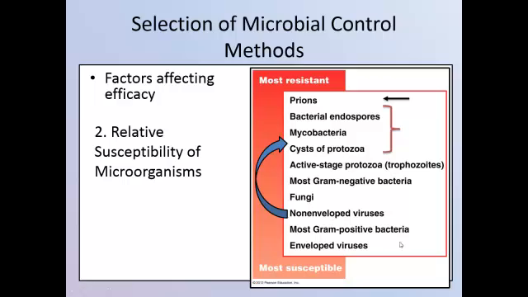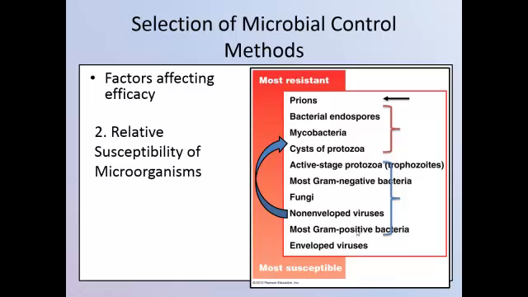The next group are the moderately difficult. So that would be active stage protozoa, most gram-negative bacteria, most gram-positive bacteria. In practice, there's not that much difference between these two. Fungi.